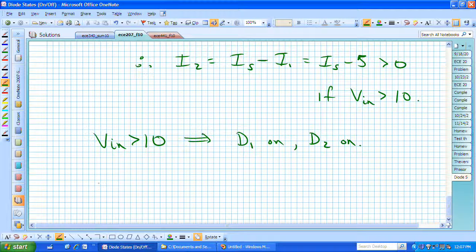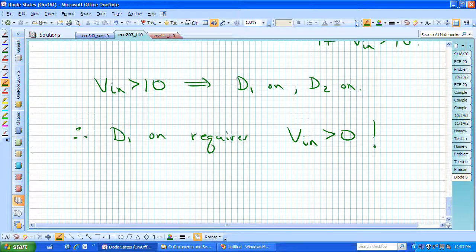If Vn is negative, neither diode is going to be on, and so now we can conclude that for D1 on, all that really requires is that Vn is positive. Now whether D2 is on or off depends on what particular value Vn is. If D2 is off, then Vn is only going to get up to 10 volts. If it's on, then Vn needs to go beyond 10 volts.